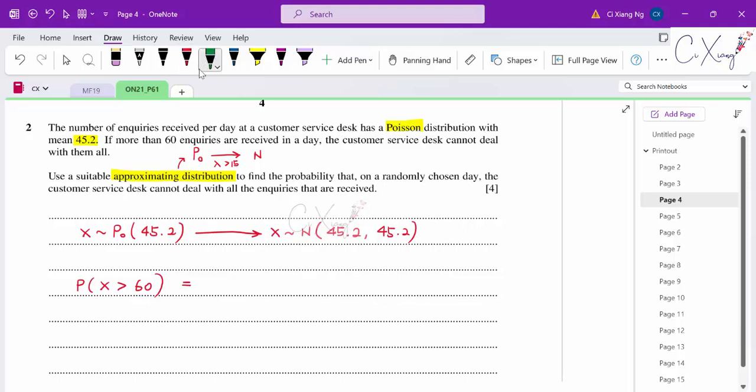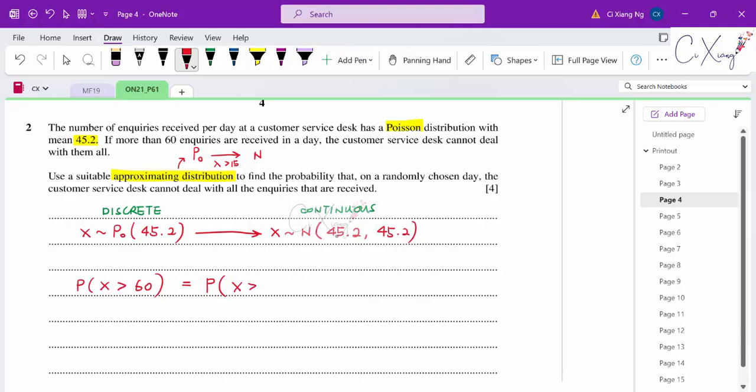Alright, for your information, before you can calculate the probability, Poisson is a discrete random variable and normal is a continuous random variable. If you want to calculate the probability from a discrete to a continuous variable, you have to apply continuity correction.